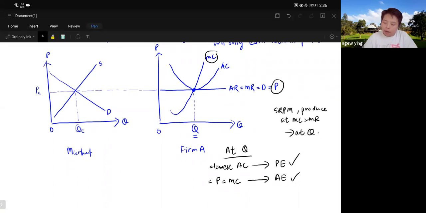Lastly, when it comes to the dynamic efficiency discussion, this is why I included dynamic efficiency at first. Perfect competition firms are very small. They can't achieve dynamic efficiency because they only earn normal profit.